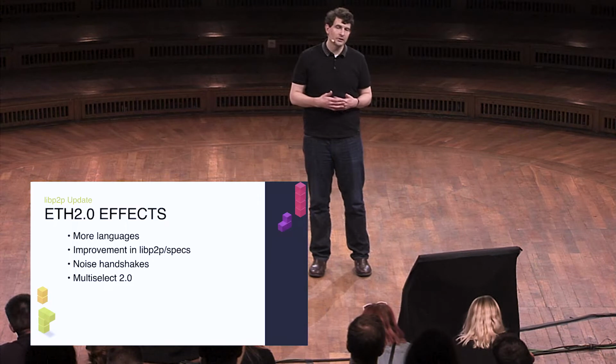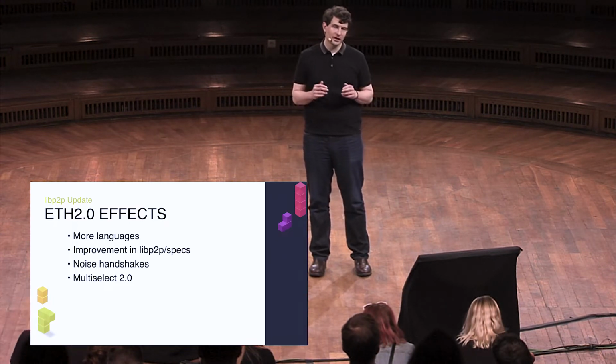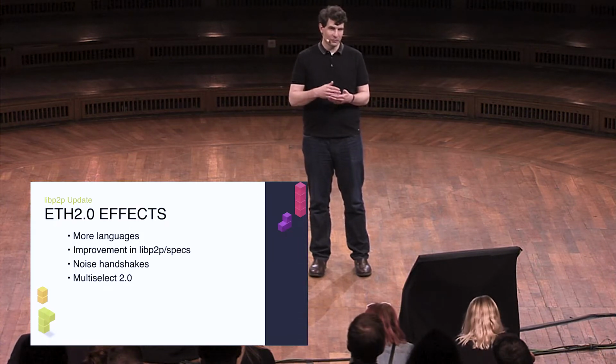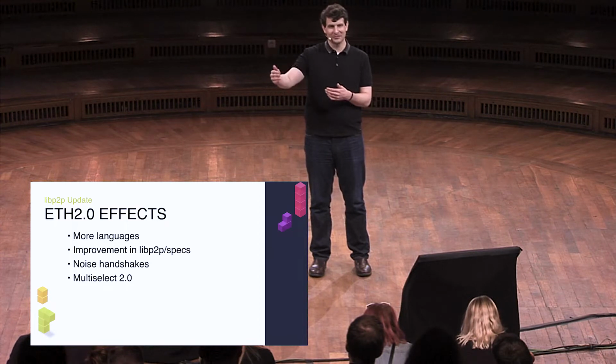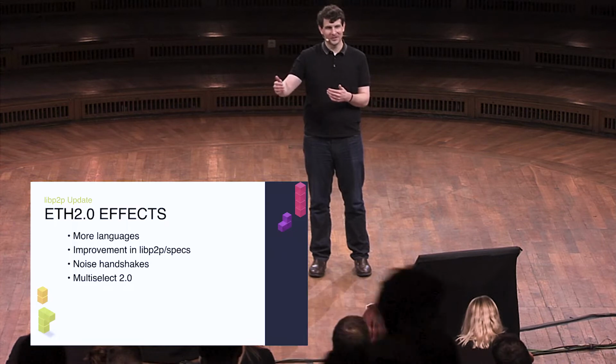If you're a libp2p old-timer, you may know of a protocol we have called multi-stream select. What multi-stream select does is it is a protocol for negotiating on first contact the correct stream multiplexing protocol. So it is a protocol for negotiating protocols.